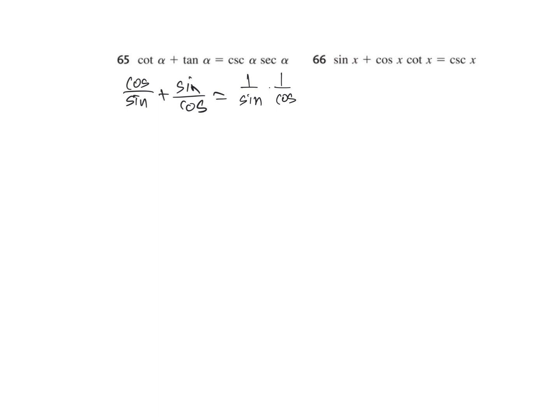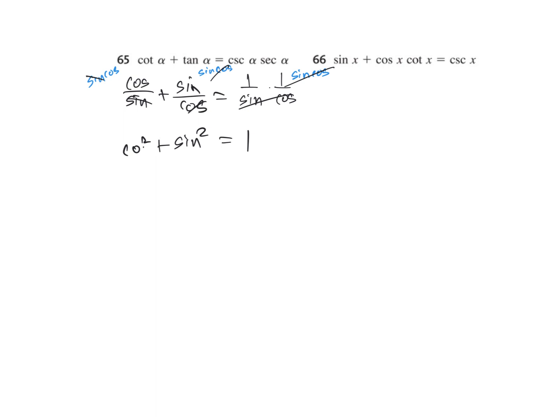Let's just multiply everything by sine cosine, because that's our common denominator. We will remove our denominators. So sine cosines leave, and that leaves 1 on the right side. On the left side, we get cosine squared and sine squared.